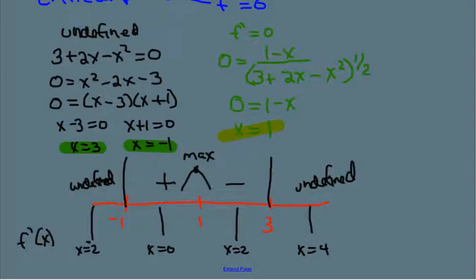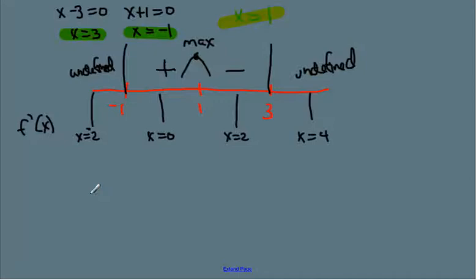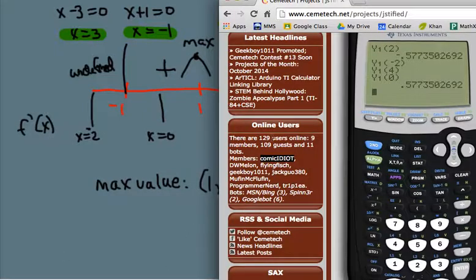Now that we know a little bit more about our graph, we can say that we're going to have a max value at 1, and then what I need to do is plug 1 into the original equation.